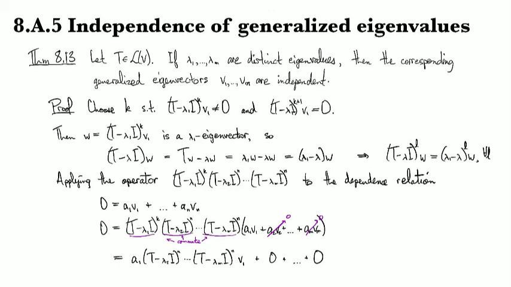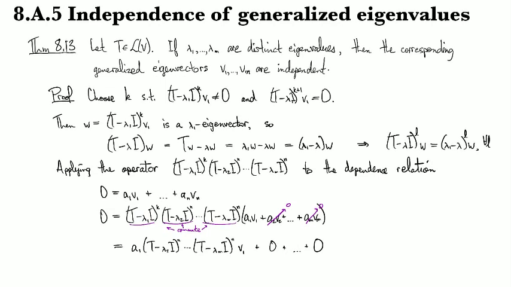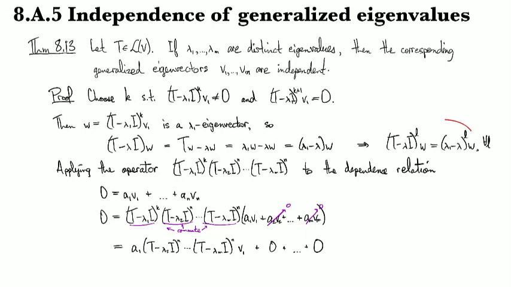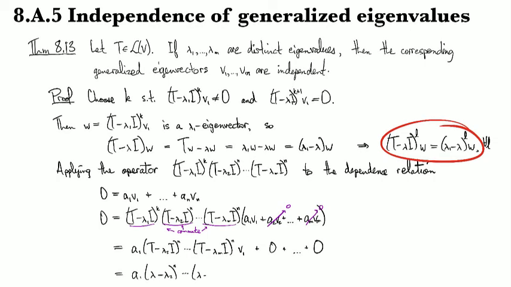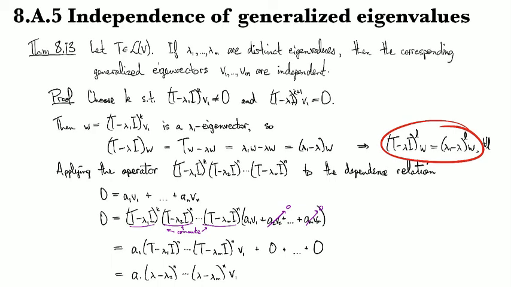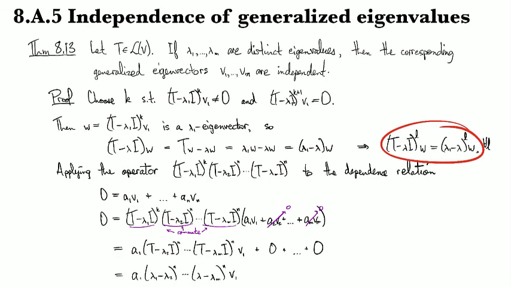Now for each of these, by our earlier calculation, this is a1 times (lambda 1 minus lambda 2) to the n, through (lambda 1 minus lambda m) to the n, times v1.